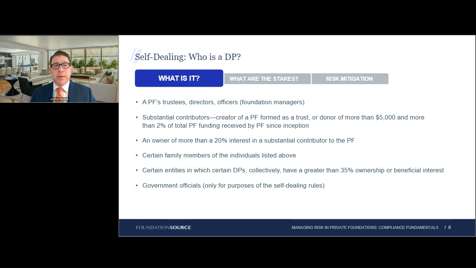And aside from those actually serving on the foundation, such as the foundation's officers, directors, and trustees, substantial contributors to the foundation, businesses in which the disqualified persons collectively have a significant ownership stake, and certain family members of disqualified persons are likewise considered to be disqualified persons in their own right.